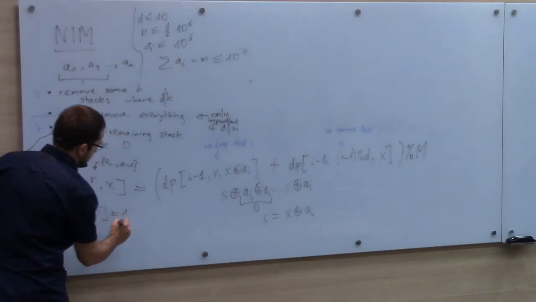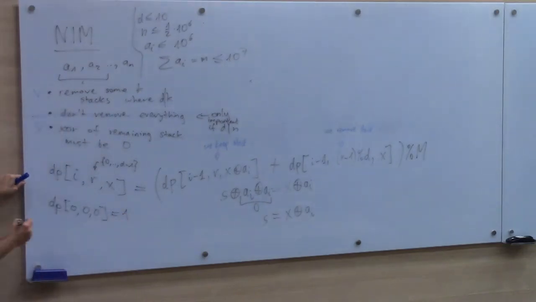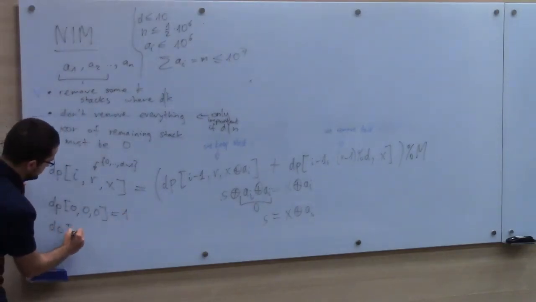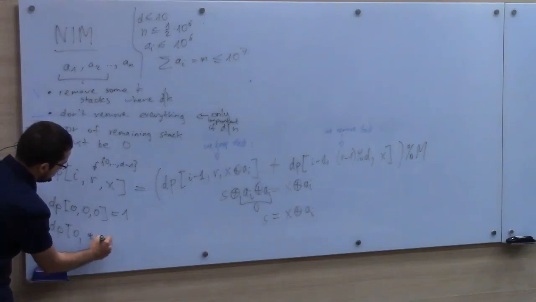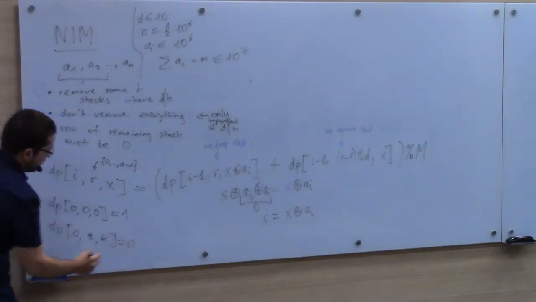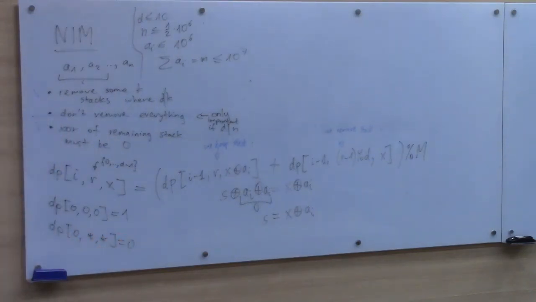In this case we have one trivial possibility, and for all other cases we have 0. These are the boundary cases.